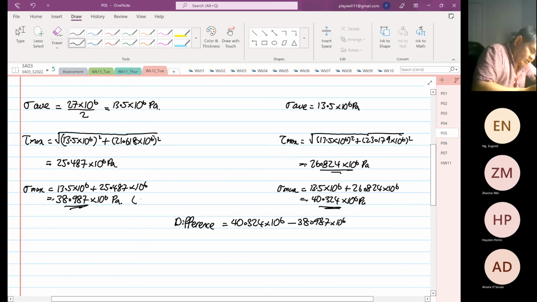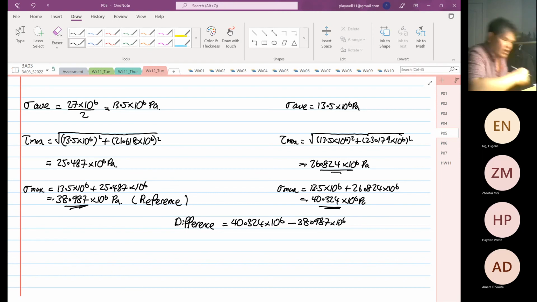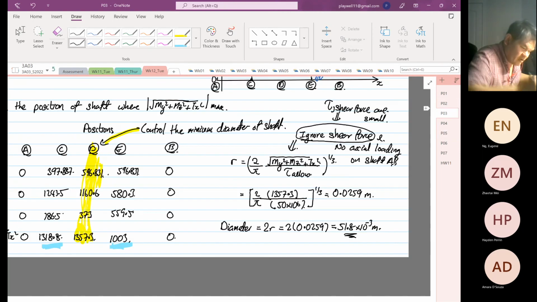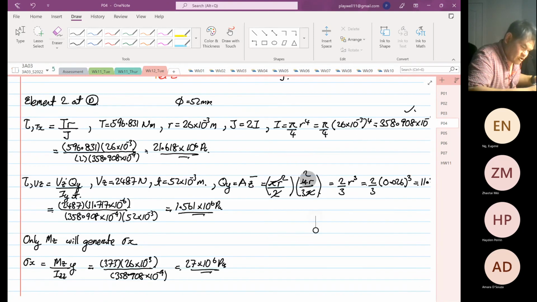Why I do that: I use the one without the shear force as the reference, because the formula that we derived to get the diameter, this formula over here, ignores the shear force. So this is our benchmark.